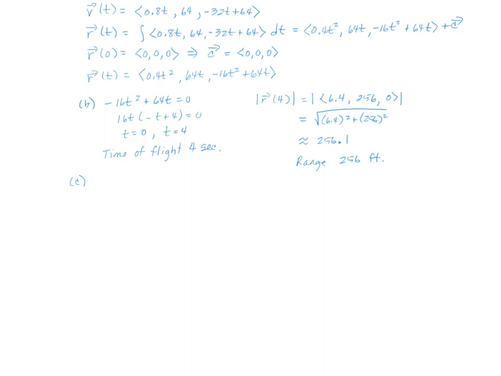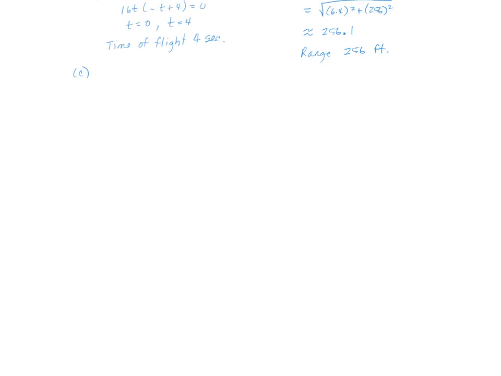Part C, we're supposed to determine the maximum height of the ball. So the maximum height of the ball occurs when velocity is 0, but we're only concerned with the z component because that has to do with height. So all I have to do is set negative 32t plus 64 equal to 0 and solve for t. I get t is equal to 2 seconds.